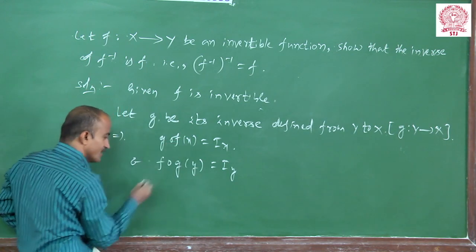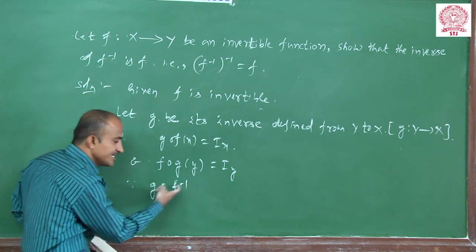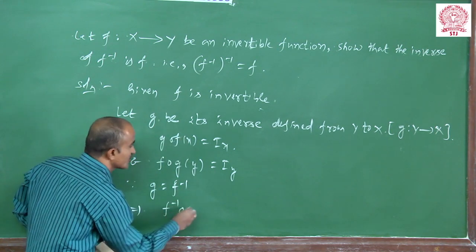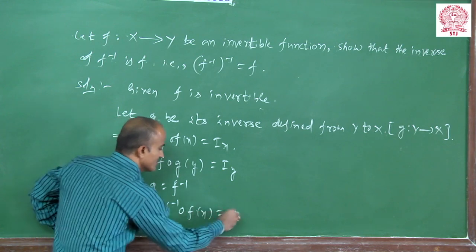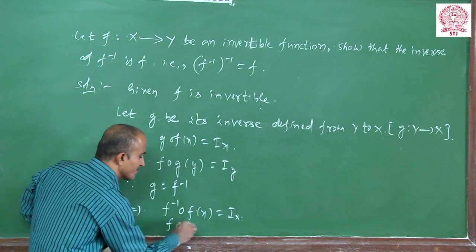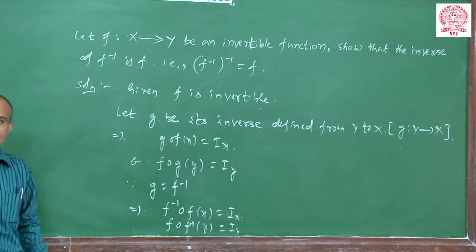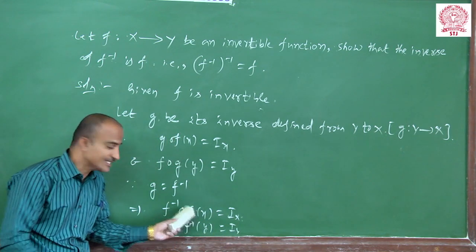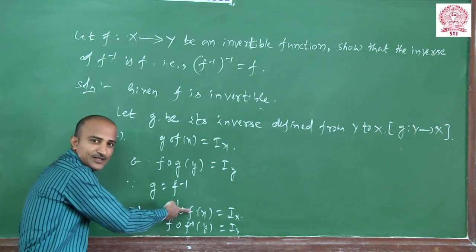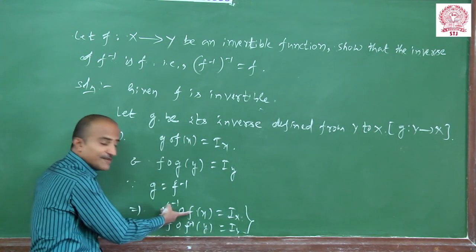Since G is f inverse, wherever G appears, replace that by f inverse: f inverse composition f of x equals Ix and f composition f inverse of y equals Iy, which means the inverse of f inverse is f.